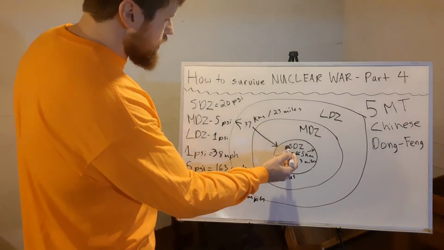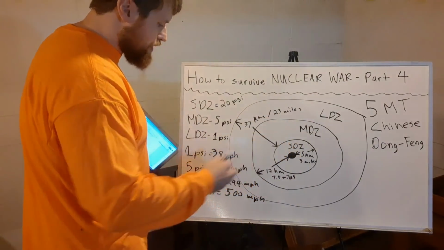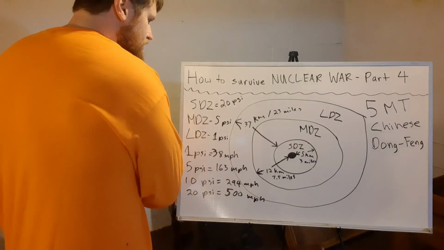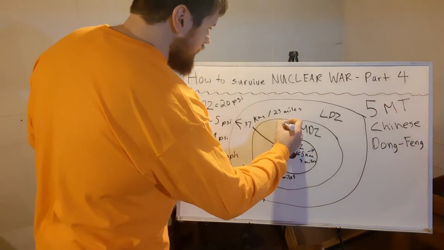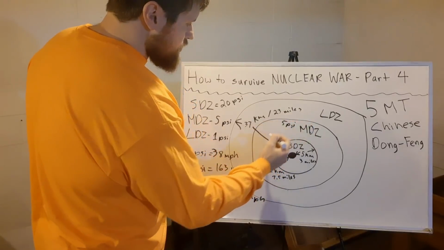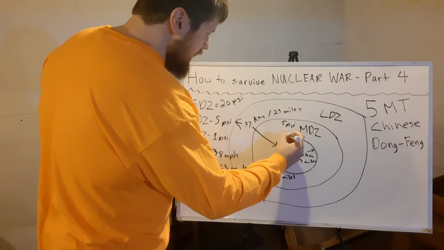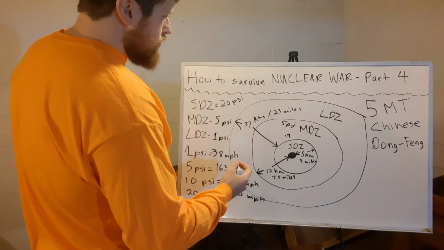It doesn't work that way. It's going to be a gradual change in psi. So you might be at 5 psi on the outer edge of the MDZ, and then as you get closer to the SDZ, you could be at 19.